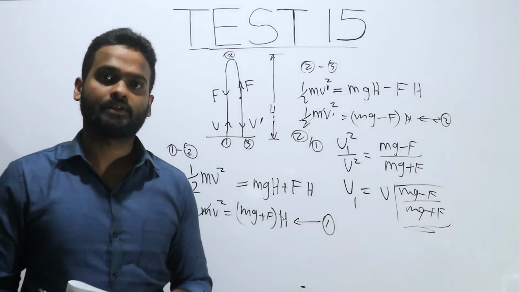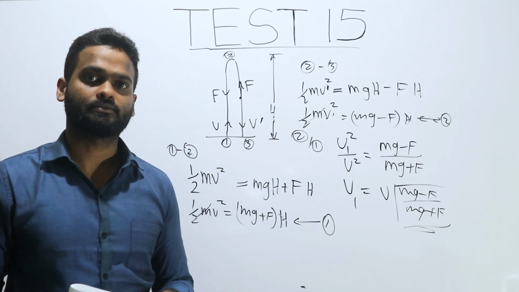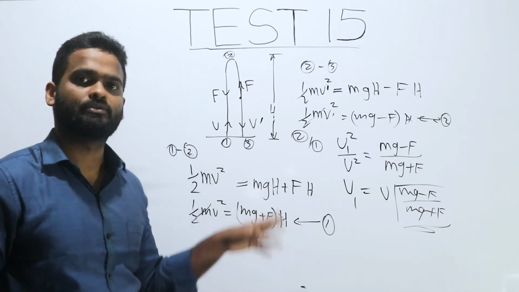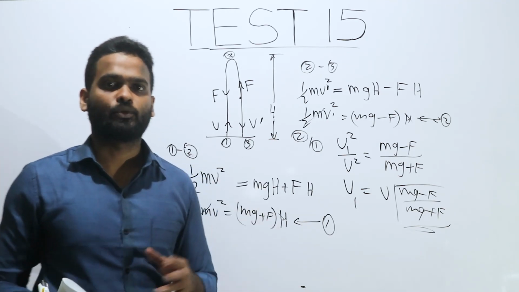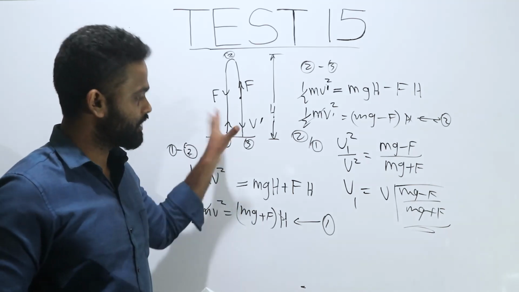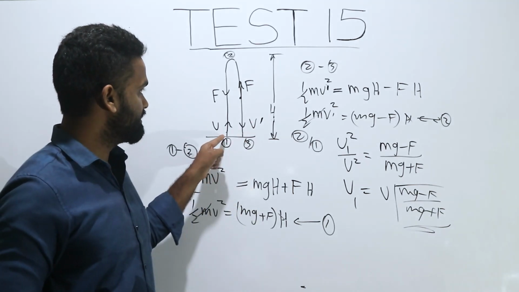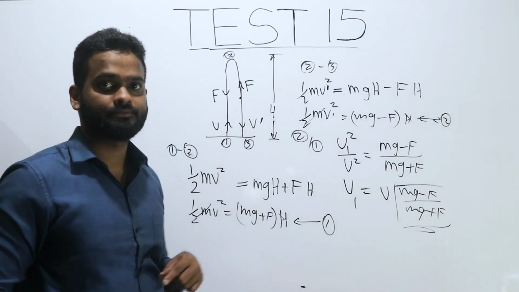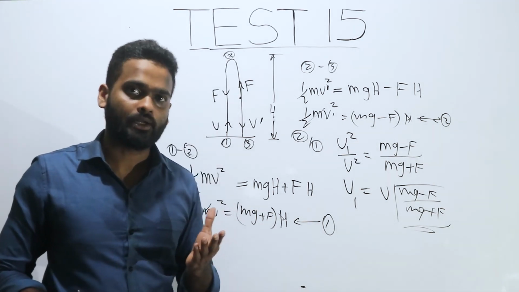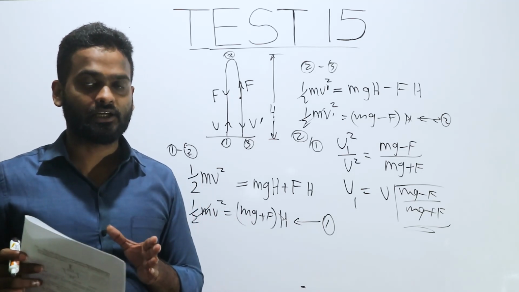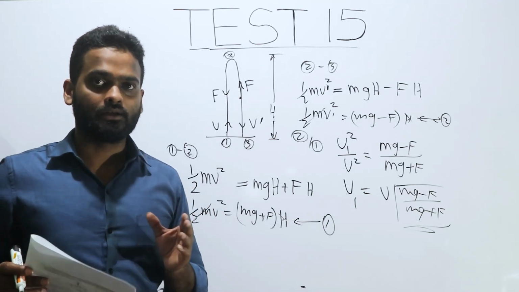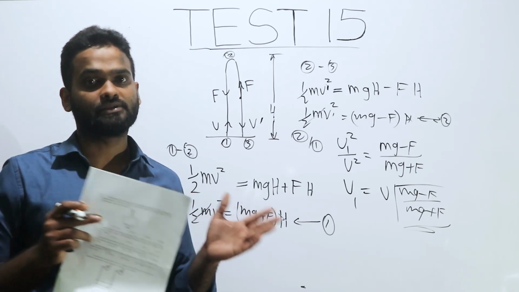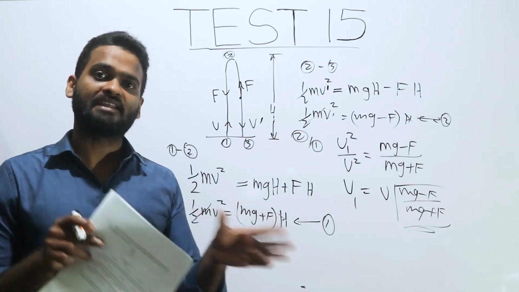So the answer for that question should be the third one. This is the easiest way you can do this. There's no other easy way. You have to apply energy conversions from 1 to 2, then from 2 to 3. You really have to understand the energy conversions and be able to do energy balances.